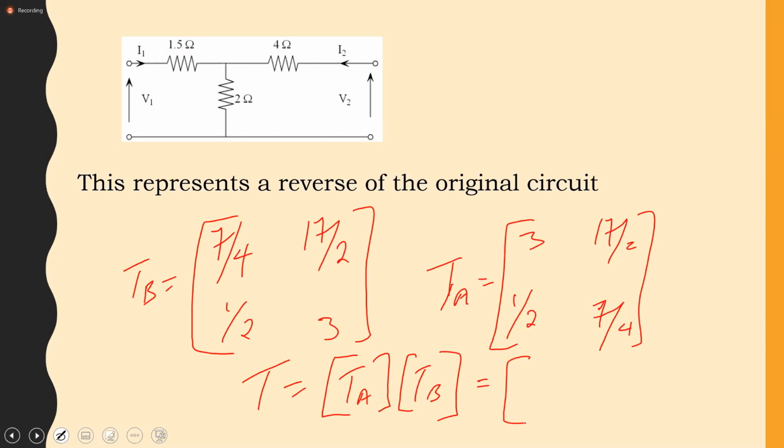So let's work that out for me quickly. So we're working out the overall transmission parameter. So you just multiply those two matrices for me. And it must be A times B, not B times A, all right, because it must follow how the networks are connected.